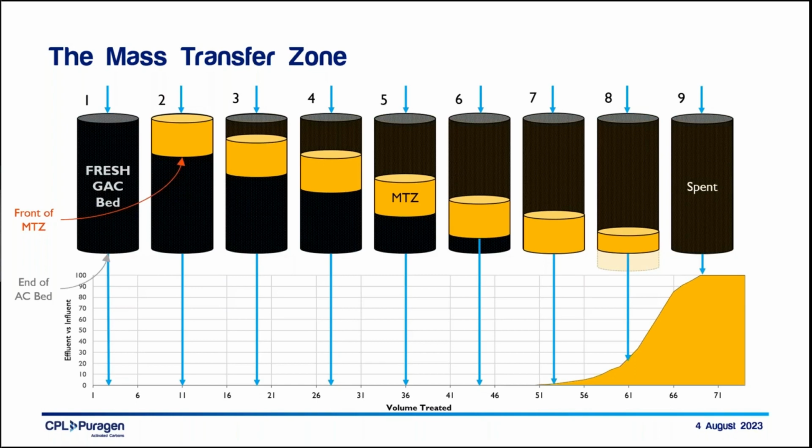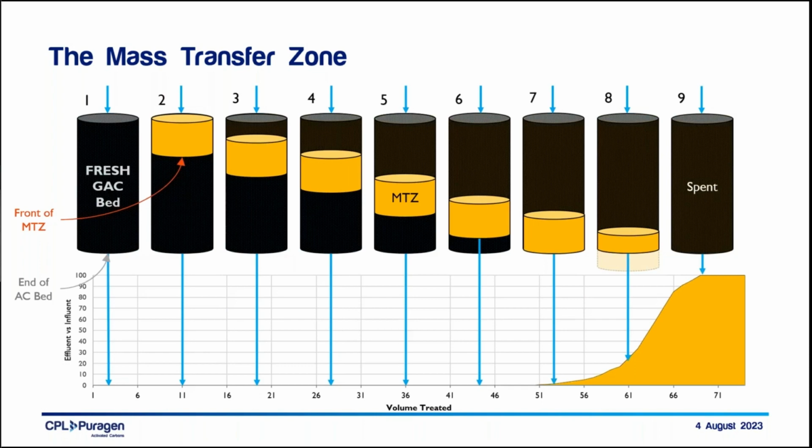The line of columns across the top represents an activated carbon bed inside a filter and over time. Column 1 represents when fresh activated carbon is first brought into service, and column 9 is achieved when the entire carbon bed is spent. The yellow band present in columns 2 to 8 represents the mass transfer zone.